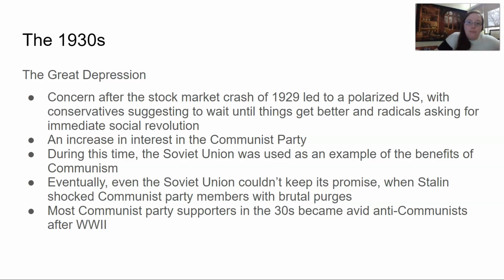Stalin brutally murders plenty of people, which shocks Communist Party supporters in the US, and then they become avid anti-communist supporters after World War II, and realize how communism is not what they thought it was.